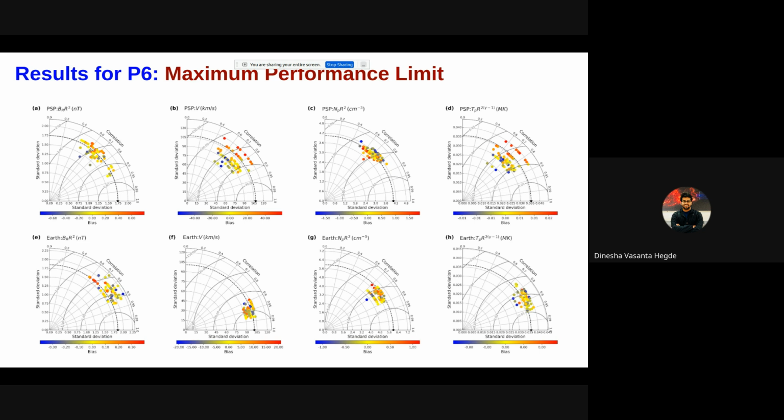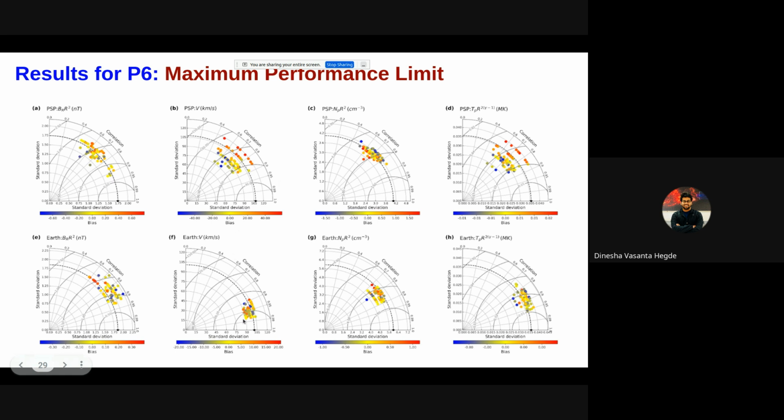What I plotted here is assuming each ensemble member as the reference first, and plotting the other one as a simulation point. This way I get a combination of 12C2, and I plot all the combinations here. What it gives is the maximum performance limit: assuming your own ensemble member as reference, what is the best performance you get for each case.